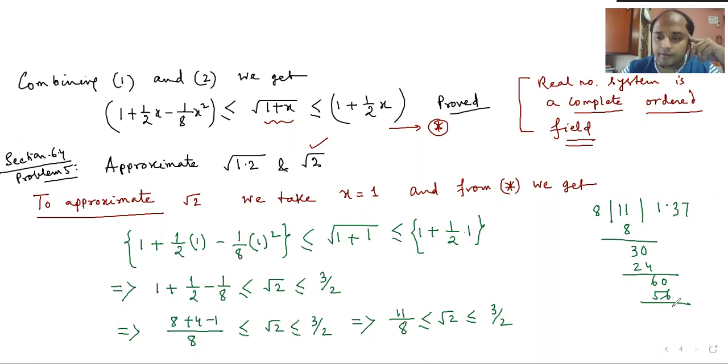So we are getting 1.37 less than or equal to root 2 less than or equal to 1.5.